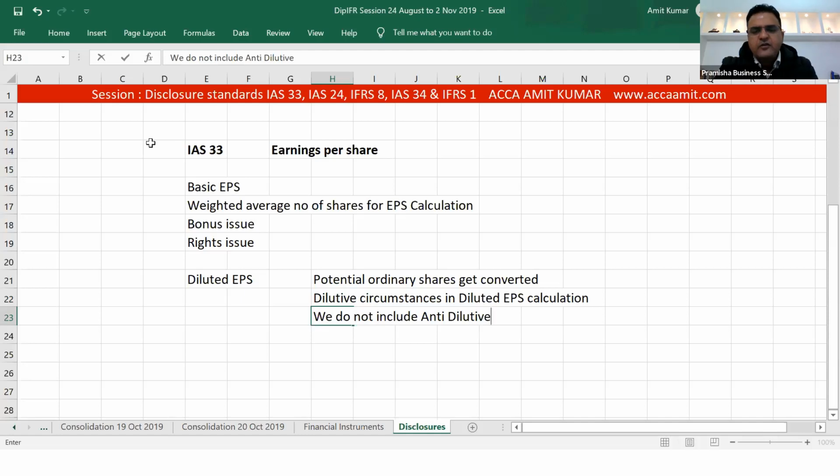Anti-dilutive means which improves the earnings per share. That if these shares get converted into ordinary shares, instead of decreasing the earnings per share, they are actually helping in increasing the earnings per share. This is a good sign for the company. So in diluted EPS calculation, we do not include anti-dilutive circumstances. We only include dilutive circumstances. Anti-dilutive circumstances not included.